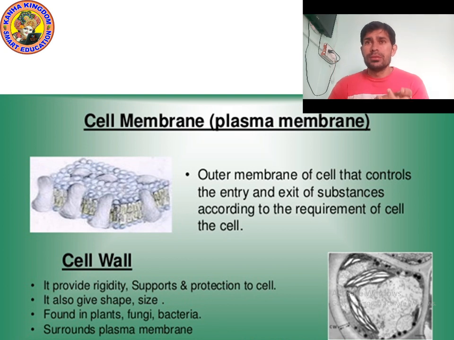Okay, again, as you can see, I have shown two parts. First is cell membrane, second is cell wall. Let me tell you one thing, kids. Cell membrane is also known as plasma membrane.